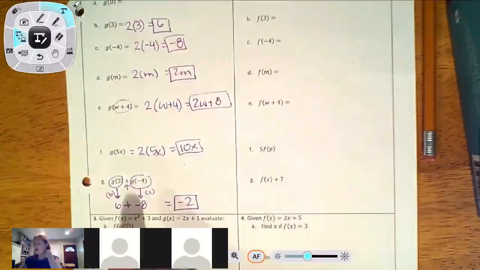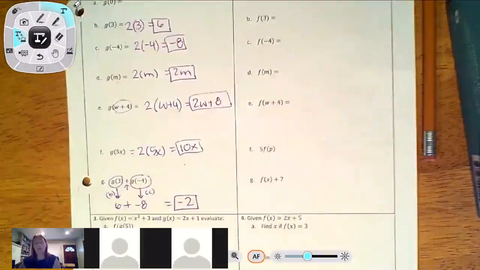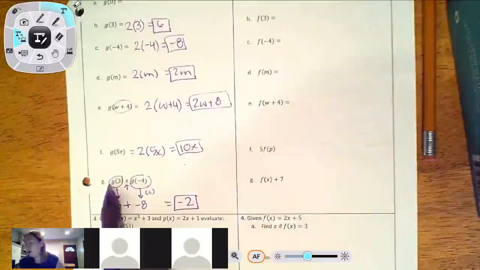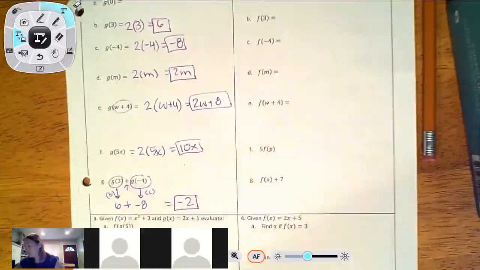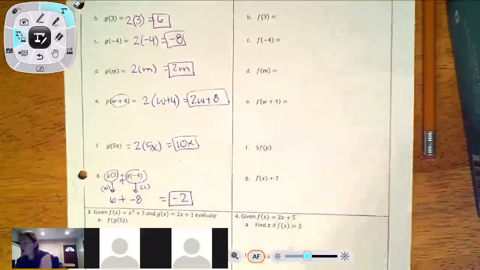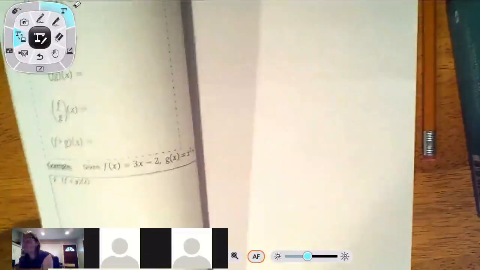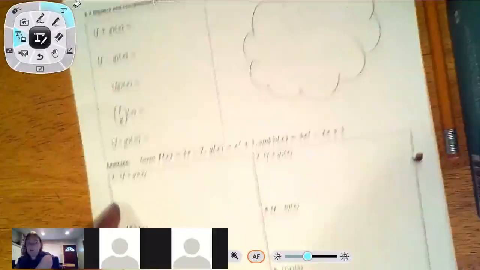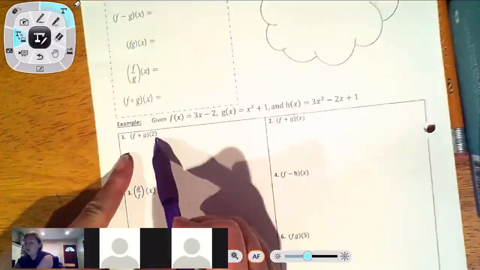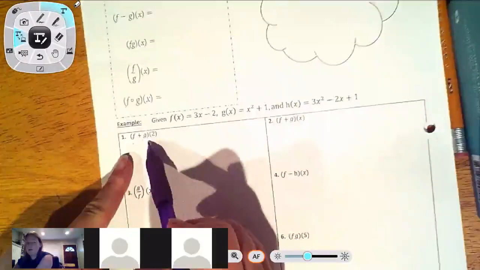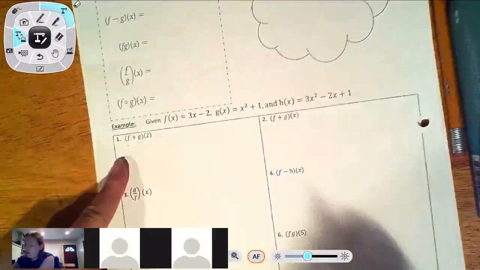So you can add when they have different values, but if they have the same value you're evaluating at, you can simplify it. And so that is what we see if it would be a question like this, where it's f plus g, but both of 2.